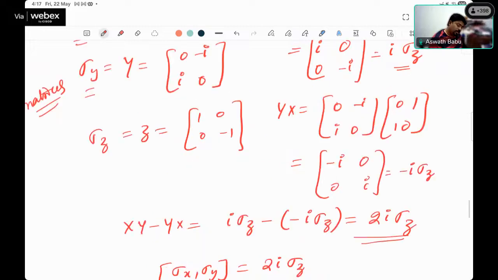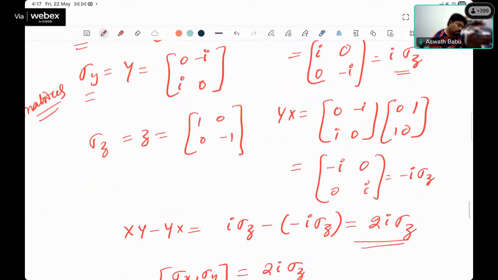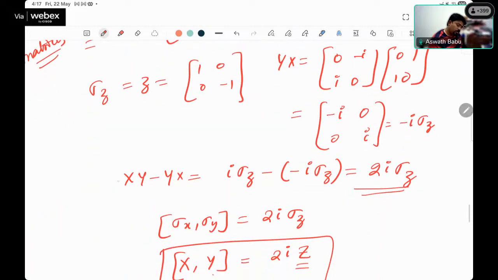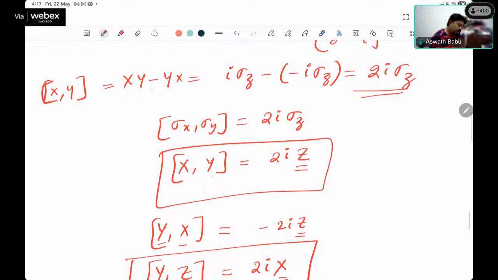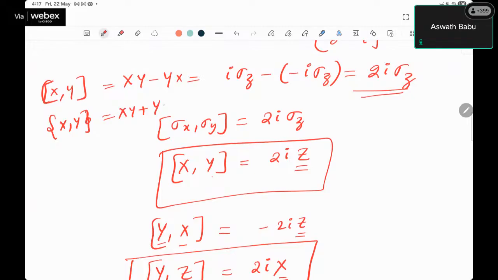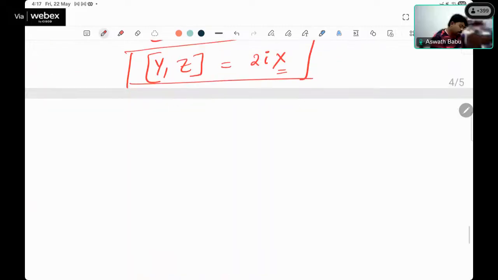I have it written somewhere. Yeah, this is a commutator relation, x comma y with square brackets. If, instead of taking a subtraction, you just take addition, this is called the anti-commutator. Okay, what do I get with the anti-commutator?